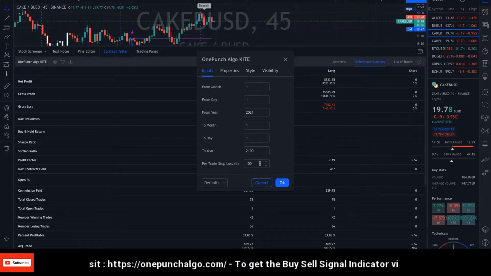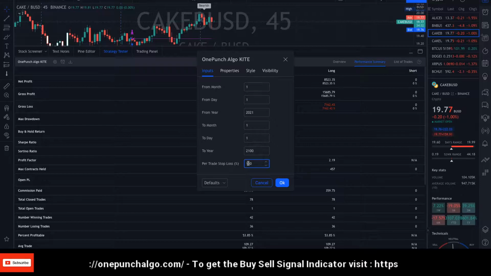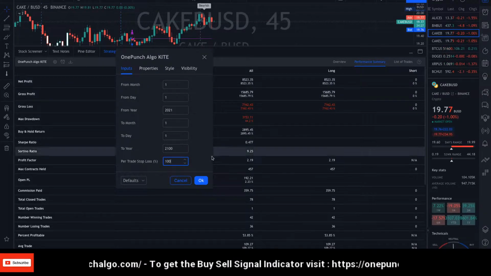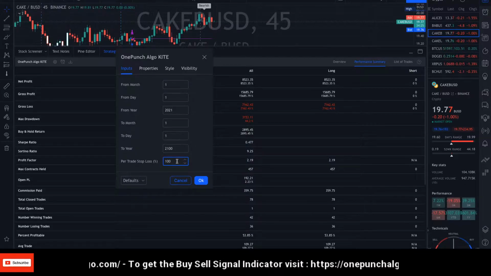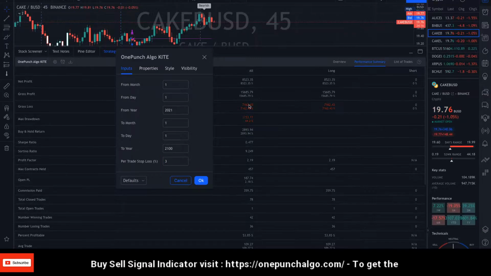By the way, we also have per trade stop loss percentage. You can also check that information based on the year-to-date results changes. If you are already using a stop loss strategy like 3% stop loss or something like that, you can test your strategy with this performance and see what the changes are.